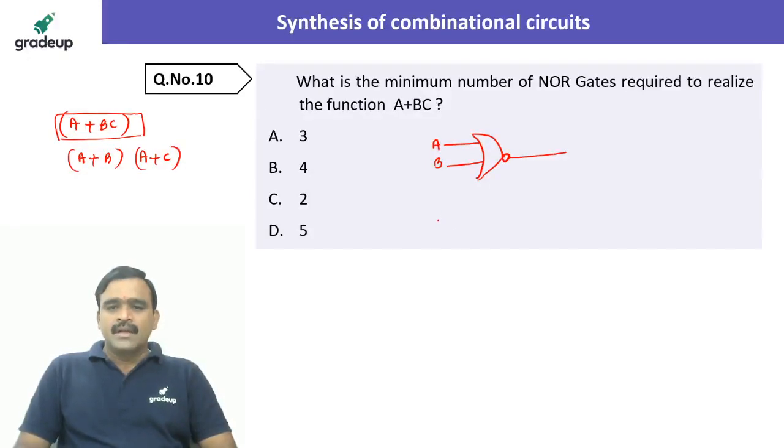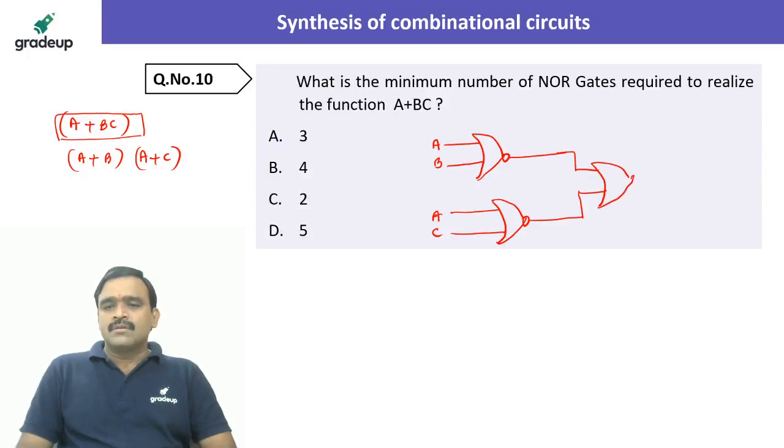Similarly, A and C you can take to another NOR gate. So this is A plus C, and if you complement it, it will be A plus C whole bar. And these two you can provide as input for another NOR gate.